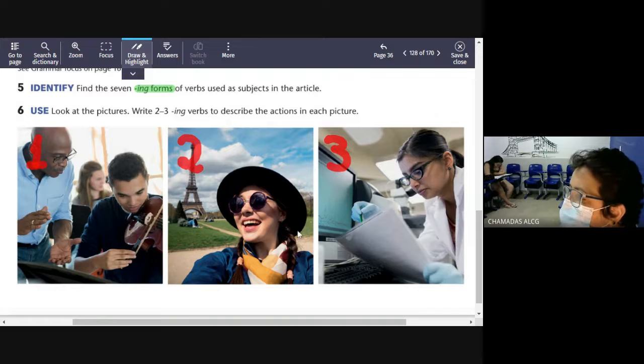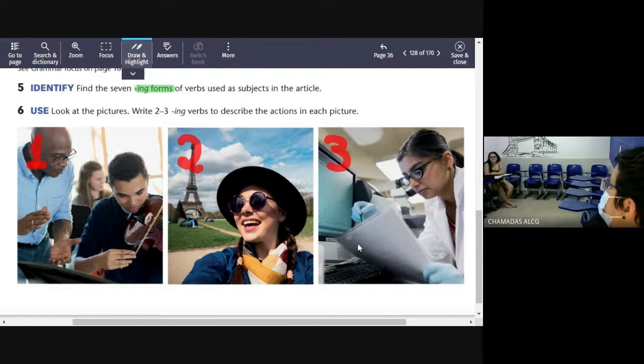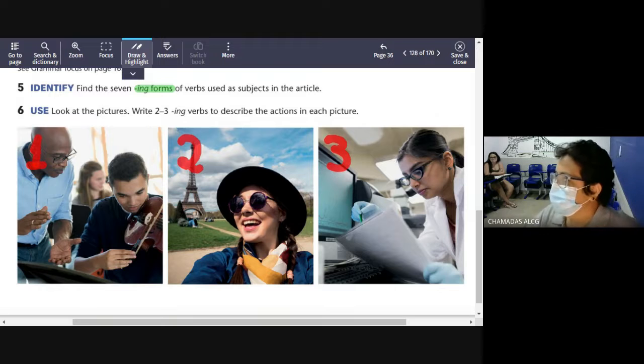Okay, and here, number 2. She's visiting. She's visiting Paris. Okay. And number 3, researching. She's doing research. Okay, apparently she's doing research.